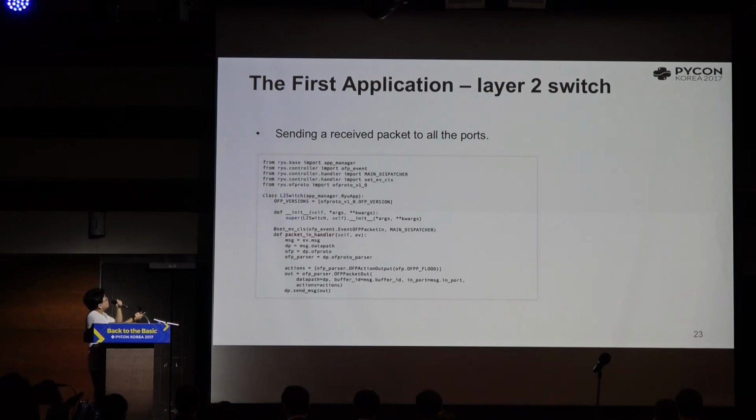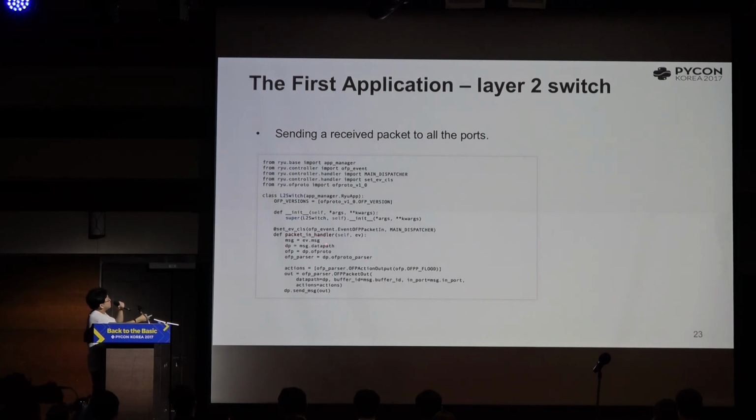You extend app_manager.RyuApp and you define a packet-in handler, and this decorator does the trick. It is getting the packet-in. This first argument means you're going to get the packet-in messages from the switch. This MAIN_DISPATCHER means that when your switch and controller have negotiated the OpenFlow session, you're going to get packet-in messages.